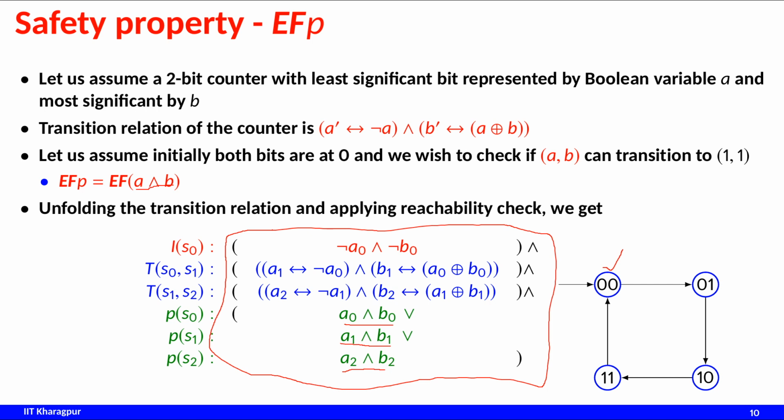But if this is unsatisfiable, then what does it actually mean? It can mean the property does not hold, or, since we have unrolled for 2 time steps, it is not satisfiable now, but if we unroll for a few more time steps, it may be satisfiable.